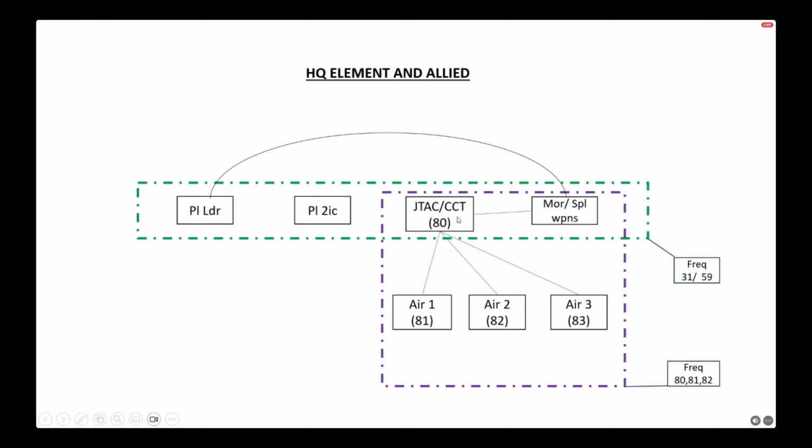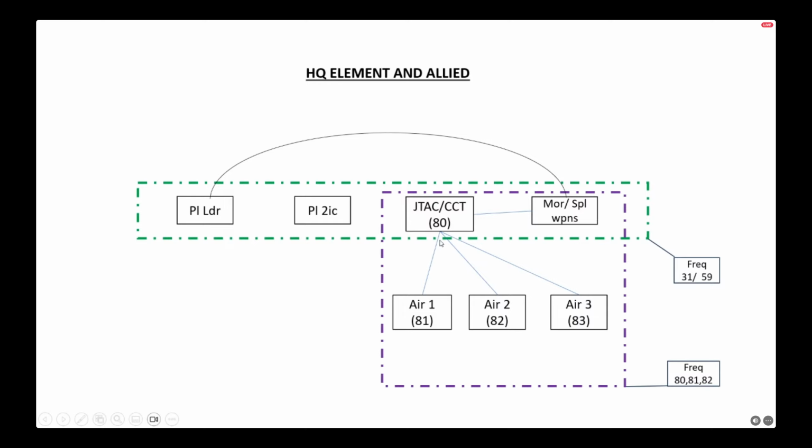So if somebody is already talking on 80 and a third person jumps in and starts calling out smoke in the air, smoke in the air, it might get missed. And if it gets missed, the airframes will not be able to deploy flares on time. They will not be able to maneuver to dodge the missile on time. So for such critical comms, the frequency 80 needs to be kept as free as possible.